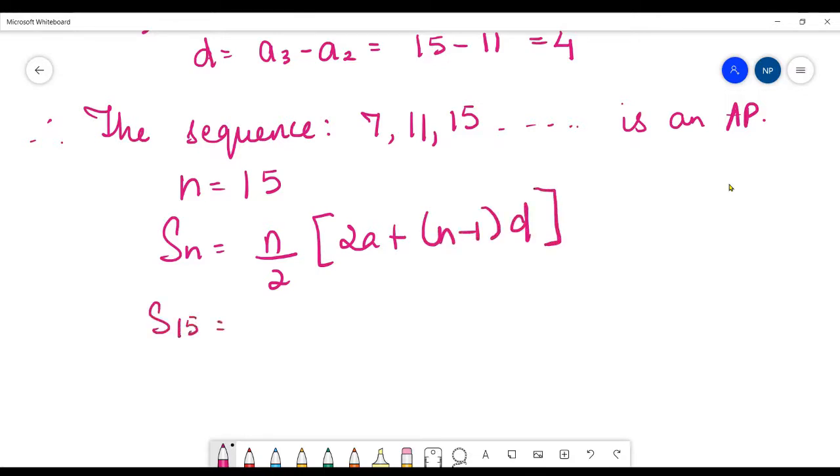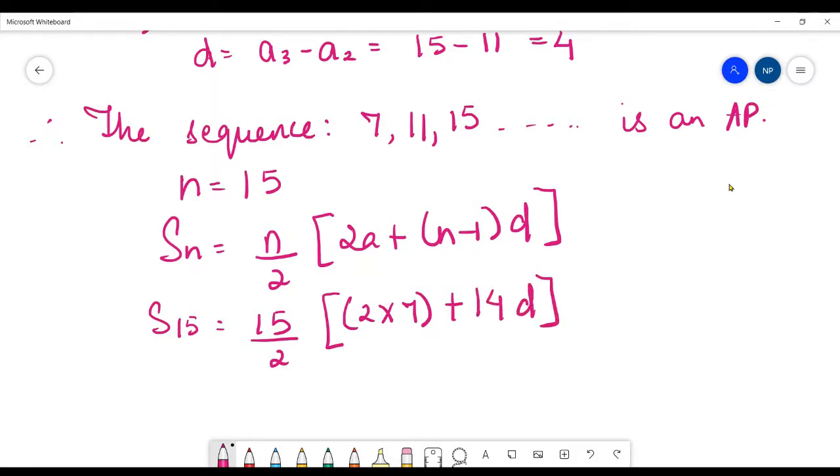S15 is equal to 15 by 2 into twice of a. A is 7, so 2 gets multiplied by 7 plus n minus 1. N is 15, so 15 minus 1 is 14d. S15 is equal to 15 upon 2 multiplied by 7 2s is 14 plus 14d.